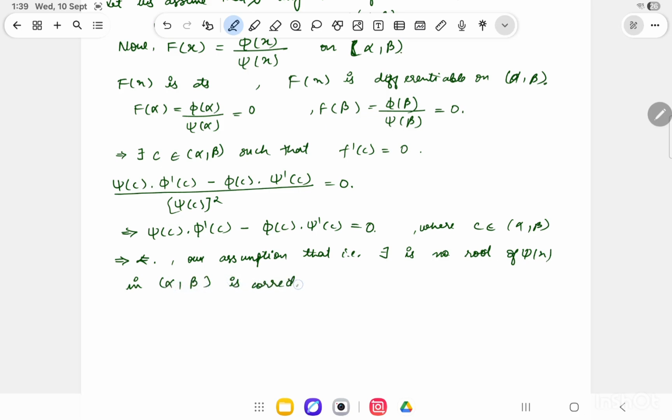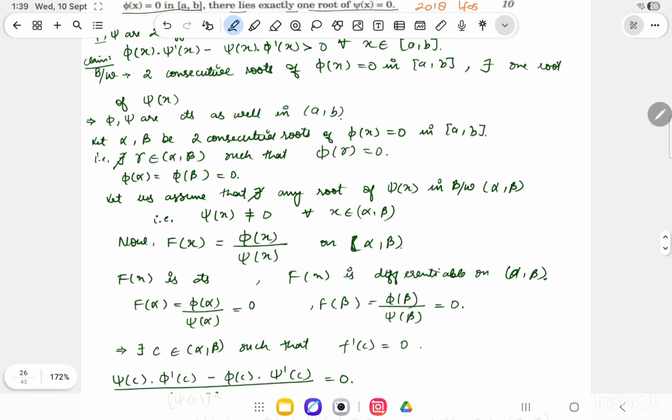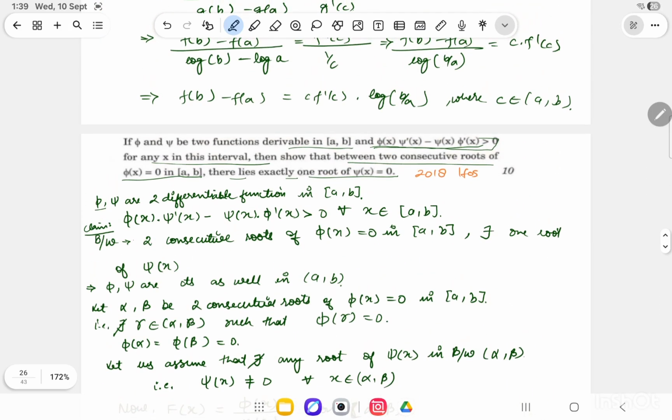If that is incorrect, then there exists at least one root of psi x in between alpha comma beta. So this is the one thing that we are supposed to prove in the question, that there exists one root of psi x in between two consecutive roots of phi x.